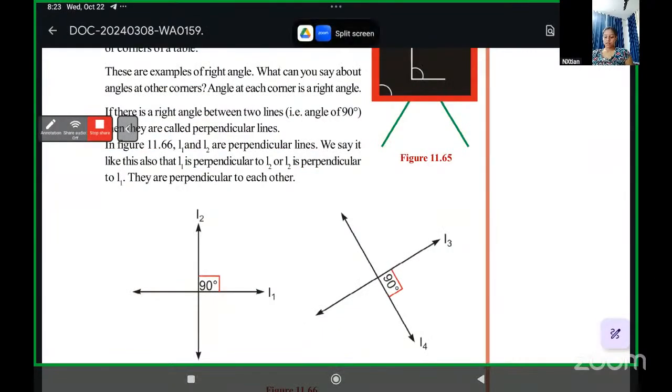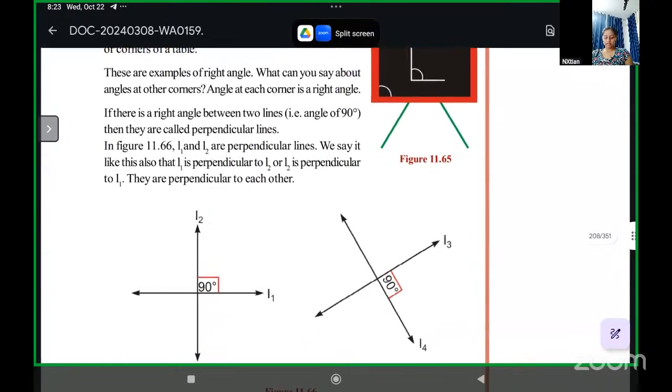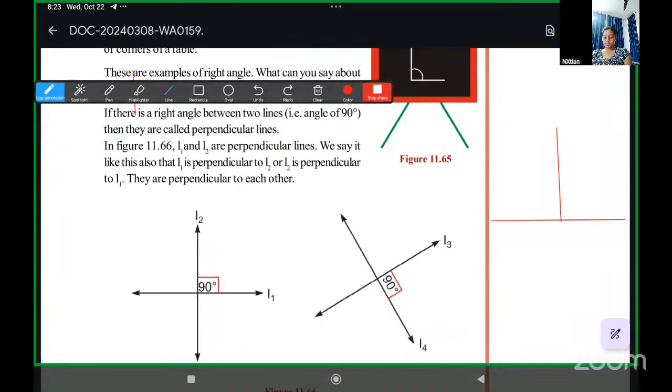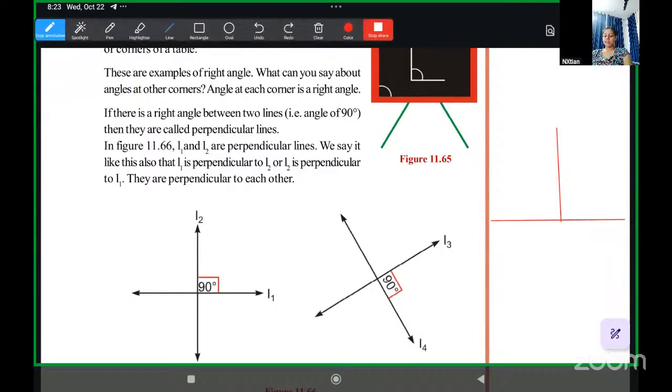Hope you can hear me now. So I was telling that when you have a straight line, and on top of that you make another line like this, it will make a 90-degree angle.